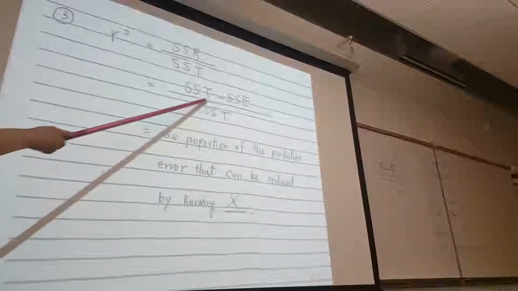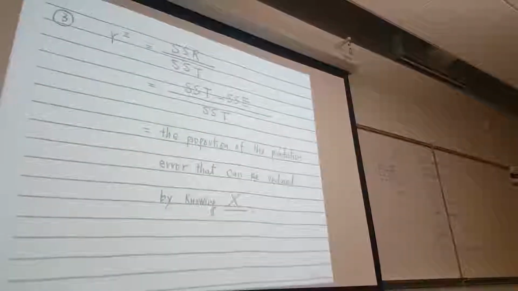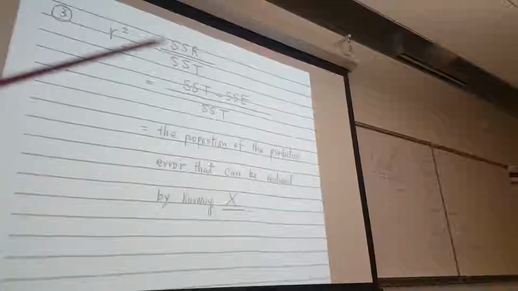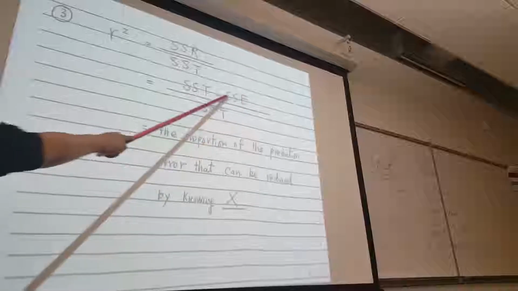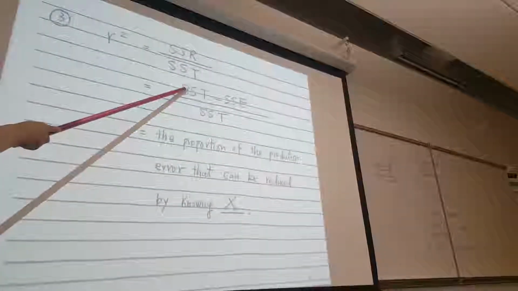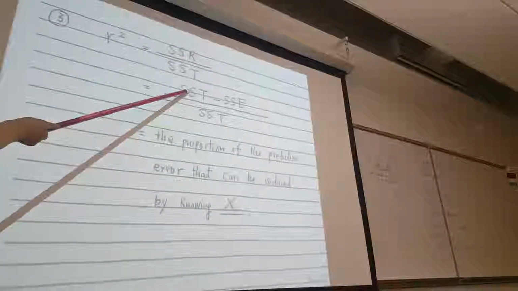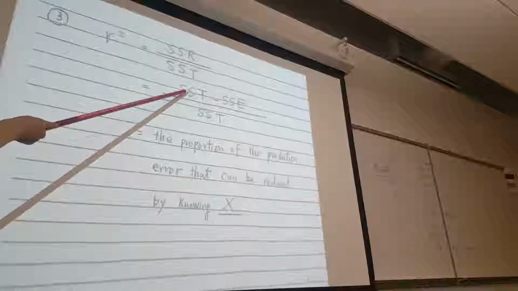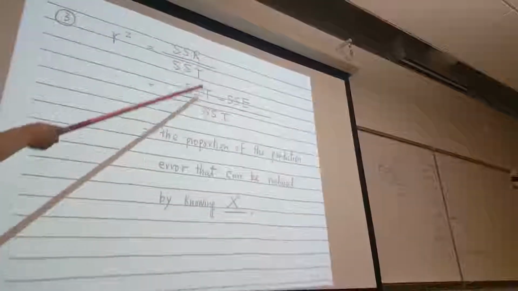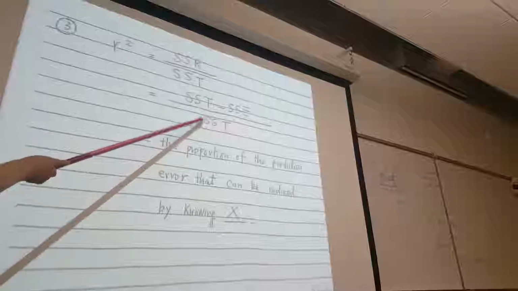But SST is what? Total variation in y direction. And how about this? This is the reduction in prediction error due to knowing x. Is that clear? So this ratio again is a fraction or proportion concept.